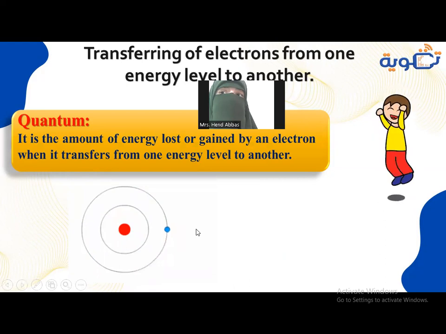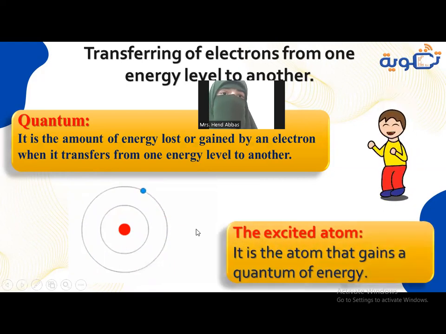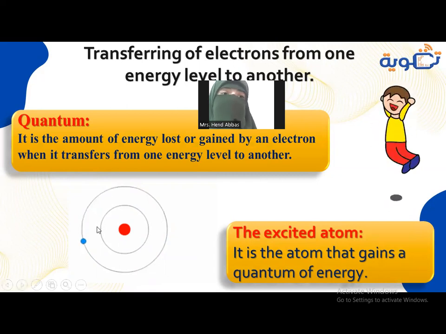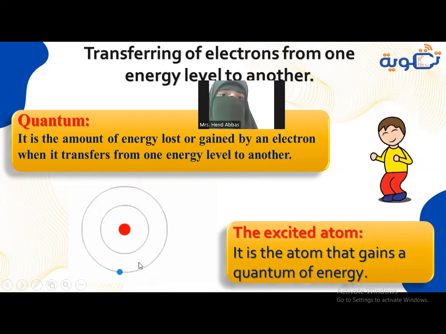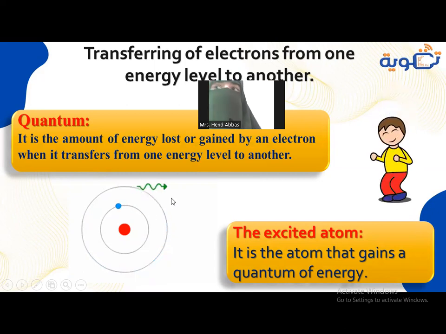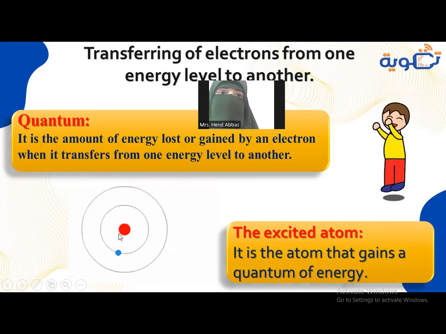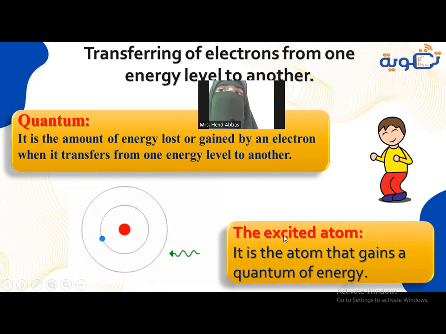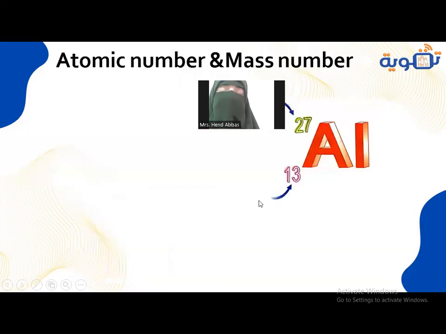The atom is now called an excited atom, like you eating a bar of chocolate. And when it loses the same quantum of energy, it will return to its original state again, like when you fall down to the ground again. So the atom that gains a quantum of energy, we call the excited atom.